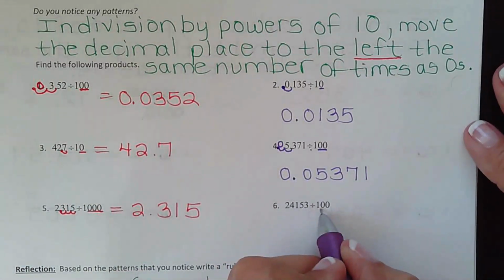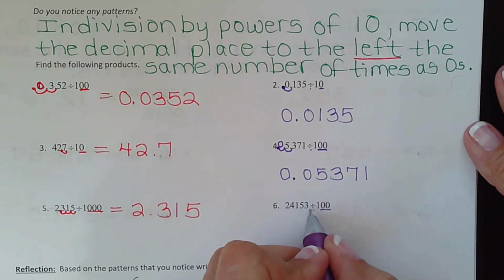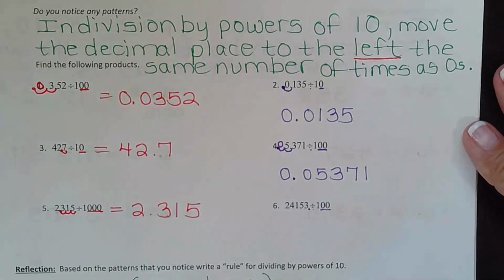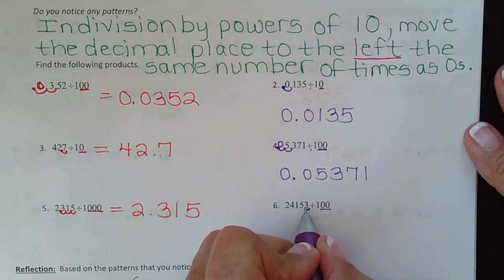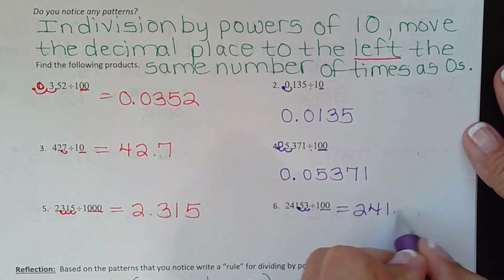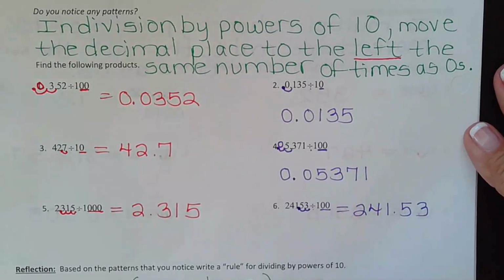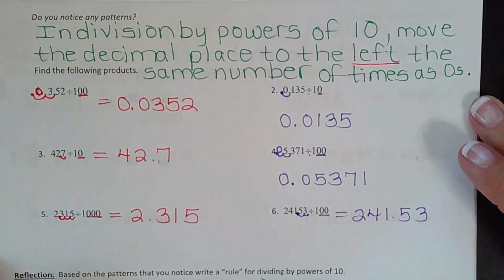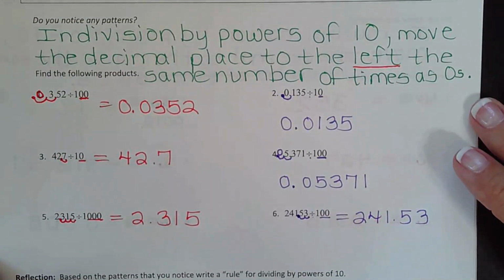And 2 places to the left, this is a whole number, so it's decimals at the end. 2 places to the left turns it into 241.53.